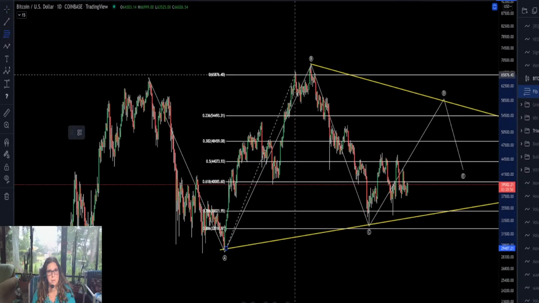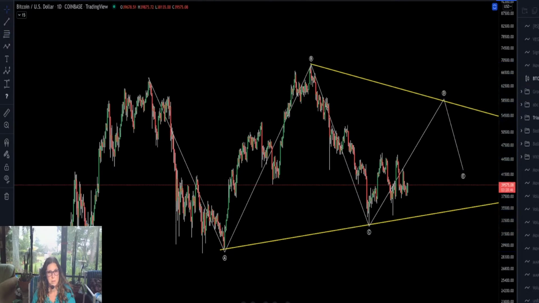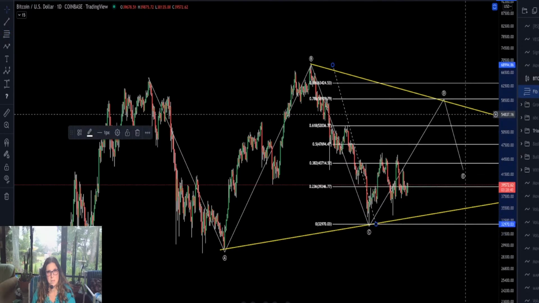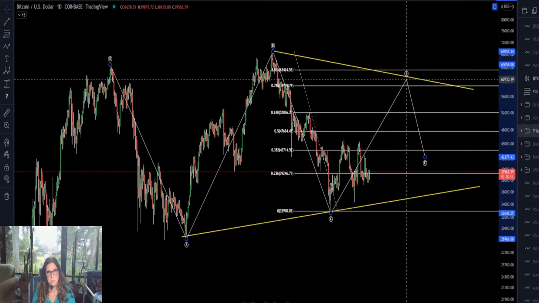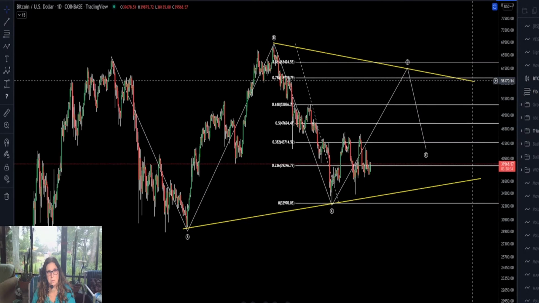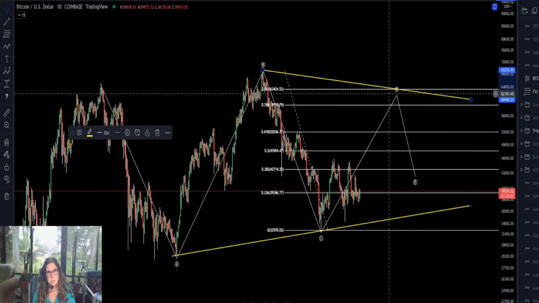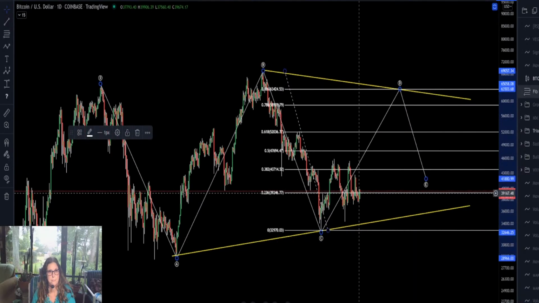Approximately, to make it accurate, we need to get up to right about 63,000. Okay, how are we going to get up there if we're not making triangle?